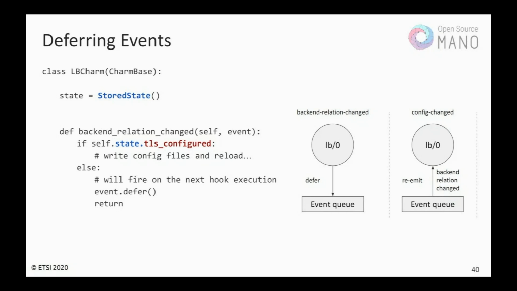It's not that you are not ready to process it, it's just there is no data on a particular relation for you to react to. But if your charm is not ready or you're waiting for some data from a different relation, then you need to defer an event and make sure you haven't forgotten the particular event that happened.